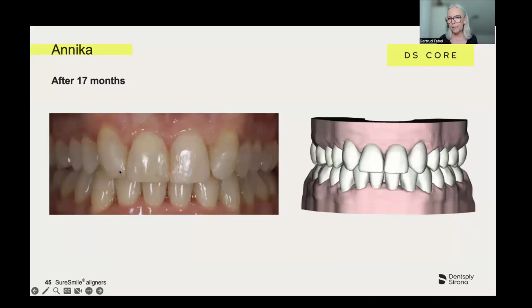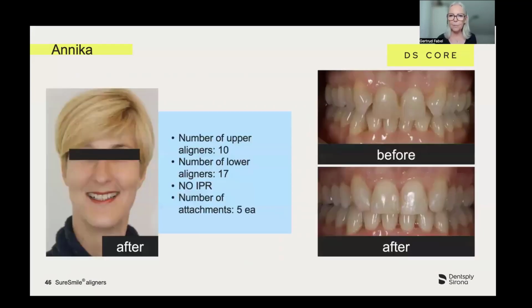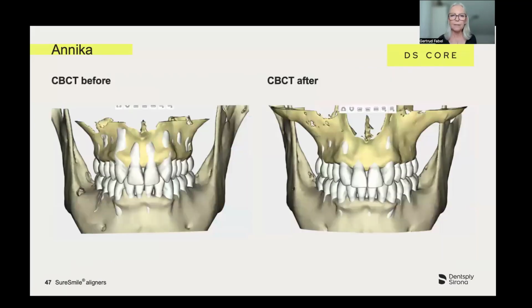Those are non-invasive fillings. And we also controlled the CBCT because we were really concerned about the tooth position. And I'm going to show you the final result. This is where we started, and this is where we ended.